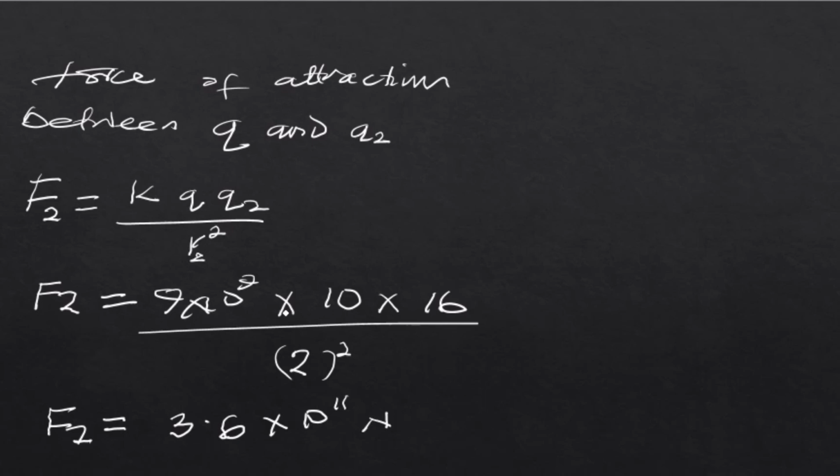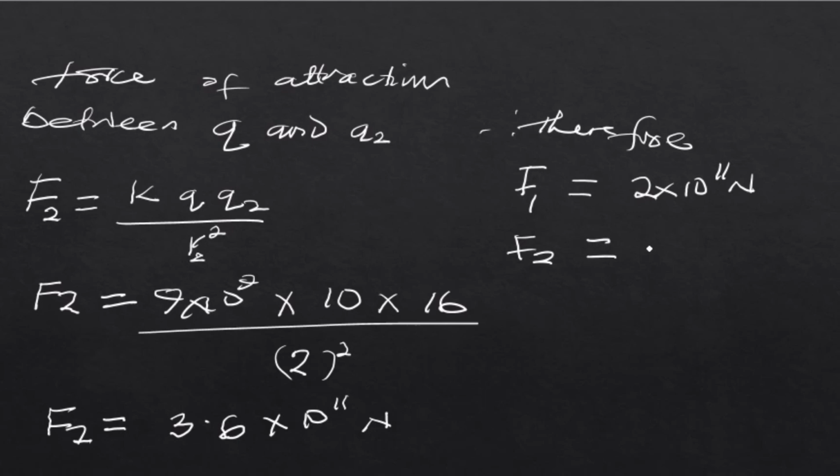So in summary, therefore, F1 is equal to 2 times 10 raised to the power of 11 Newton. F2 is equal to 3.6 times 10 raised to the power of 11 Newton.